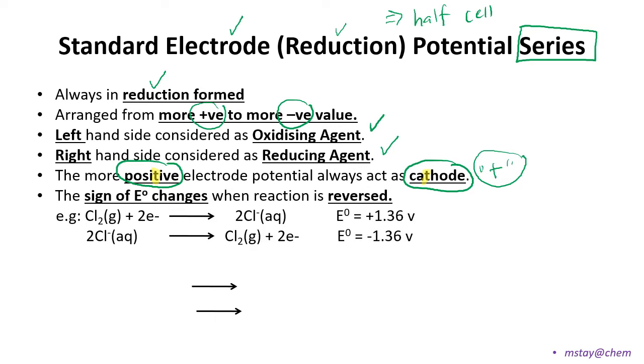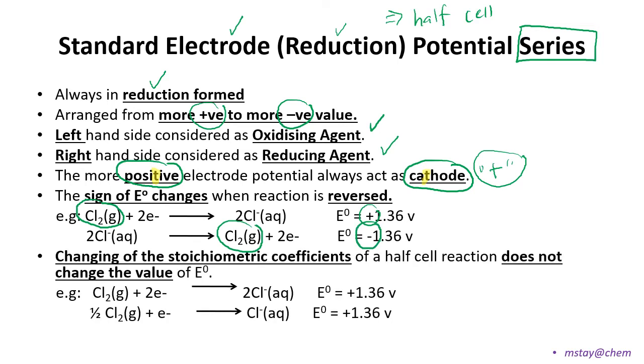The sign of the electrode potential will be changed when the reaction is reversed, just similar to the thermochemical equation. If chlorine gas is the reactant, the electrode potential is plus 1.36 volt, while the other way around, if chlorine gas is the product, the electrode potential will become negative 1.36 volt.